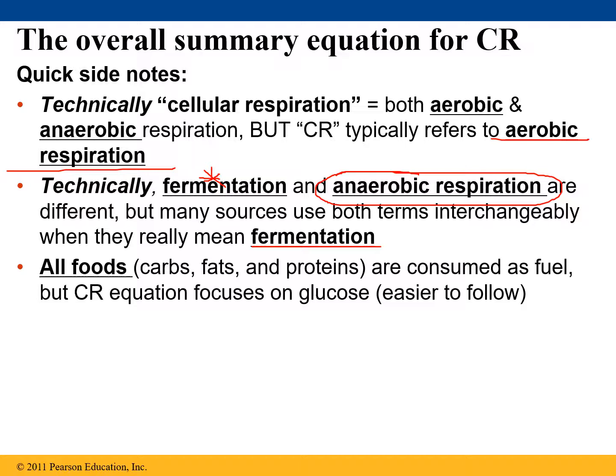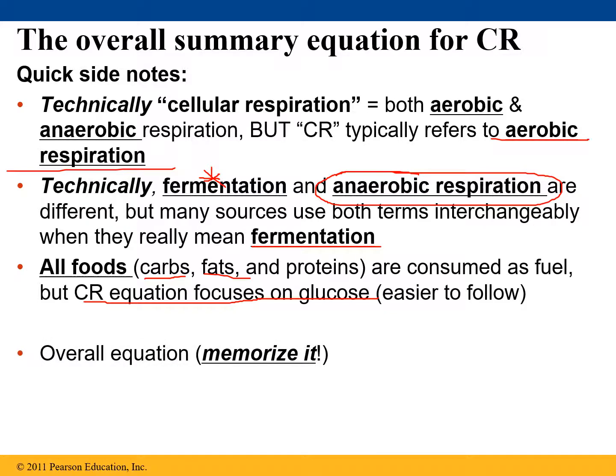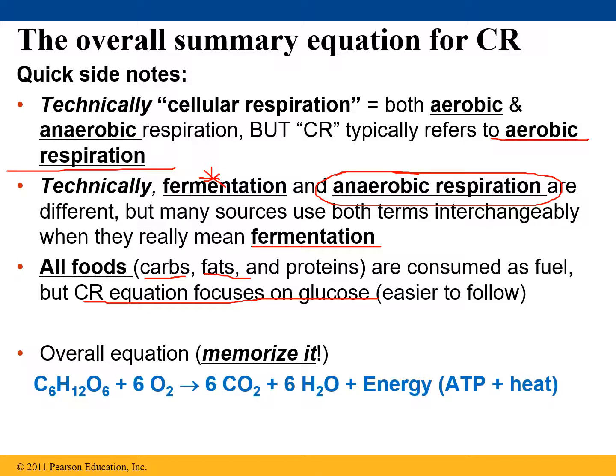Another point here, all foods, so we know about these macromolecules, carbs, fats, and proteins, can all get consumed as fuel. However, you may have noticed this, the CR equation focuses on glucose because it's easier to follow. Here's the overall equation. You need to memorize this and you need to know it both ways, meaning you need to understand it in terms of the chemical formulas.